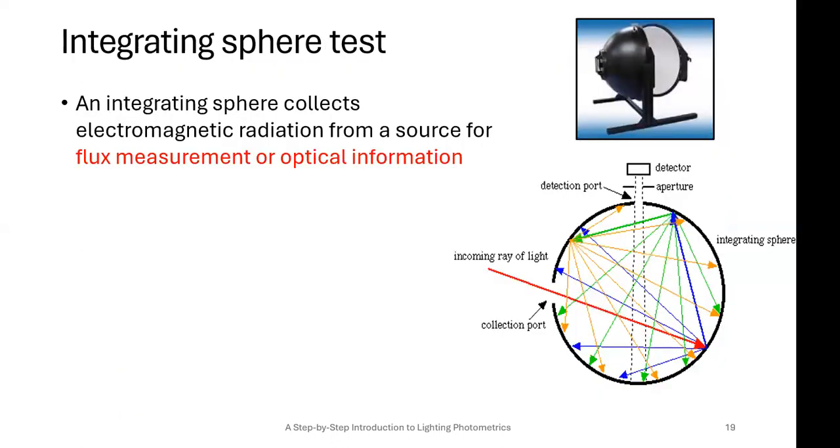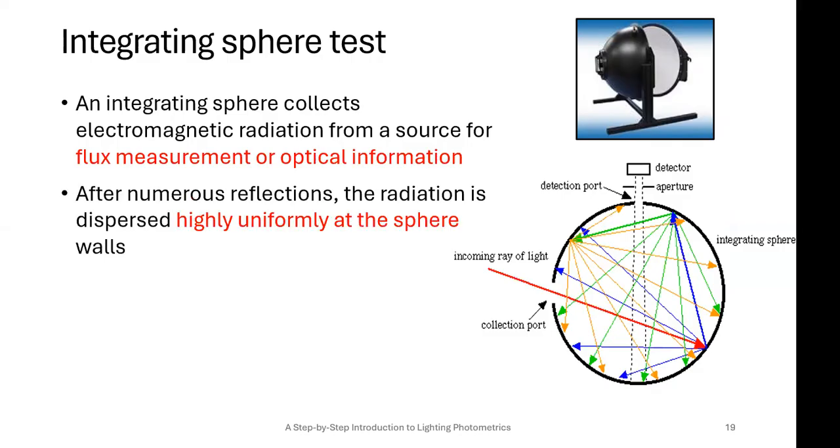We also use an integrating sphere. So an integrating sphere collects electromagnetic radiation, that's just light, from a source for flux measurement, that's lumens, right? Lumens or optical information, additional information other than lumens, okay?